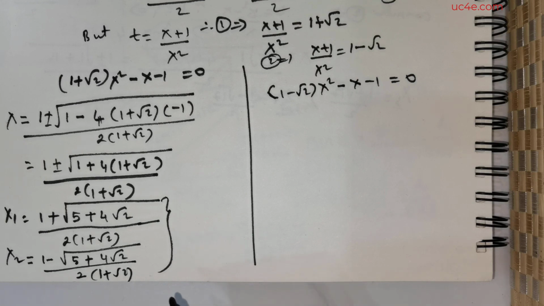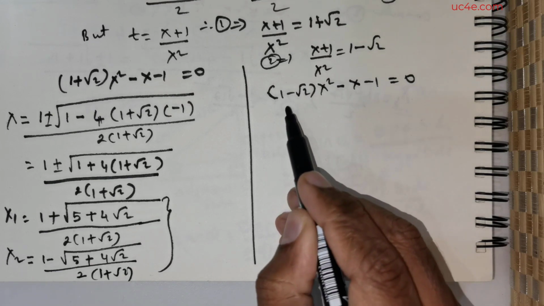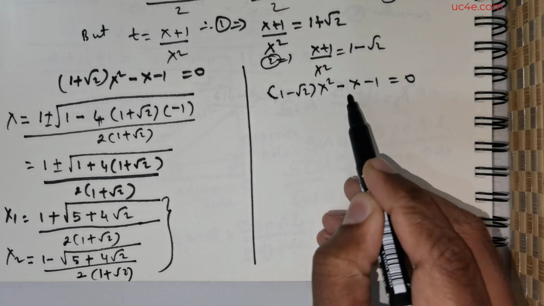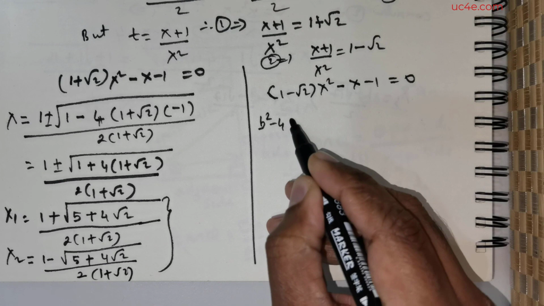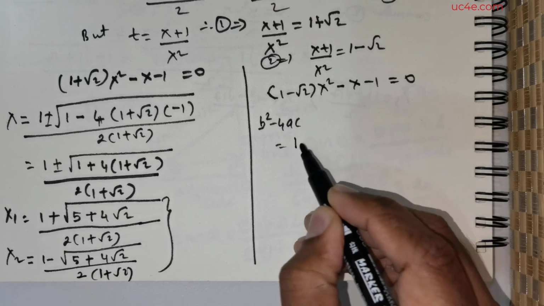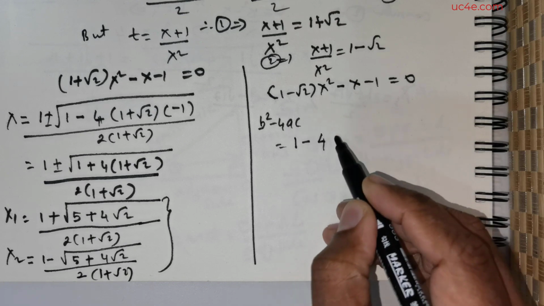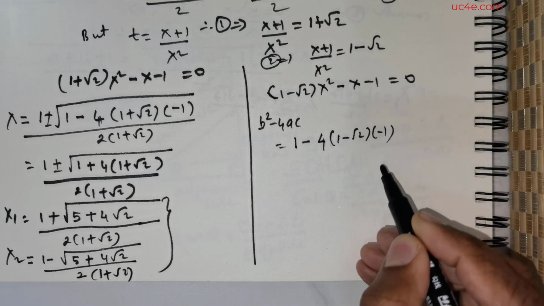Now going to the other side, clearly you can see that we have the other system also, (1 - √2)x² - x - 1. Now let me just extract the discriminant, b² - 4ac. So b is going to be 1, minus 4 times of a, which is 1 - √2, my c is -1.